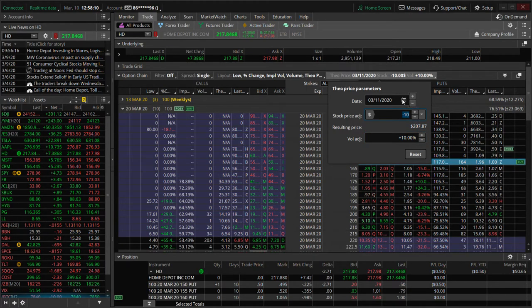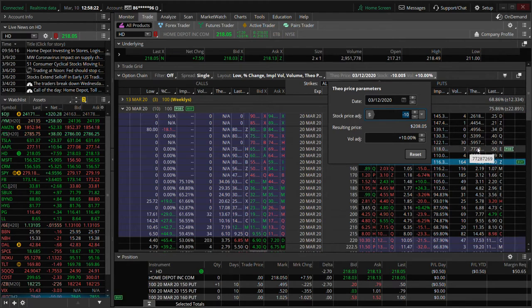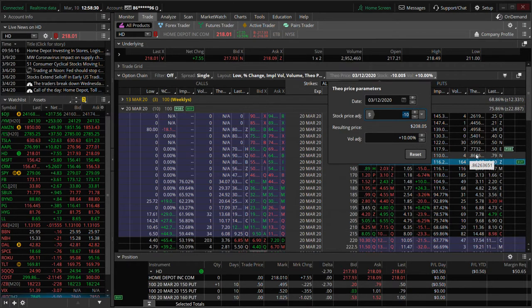And then we can move forward in time to get a sense of how time changes our option. So if you can see here, if I move one day, it's going to lose $28, yeah, $28. So each day I'm going to lose $30 basically on this option.